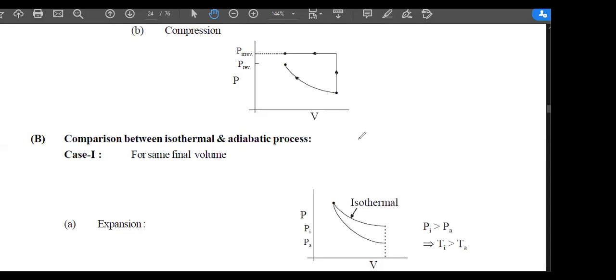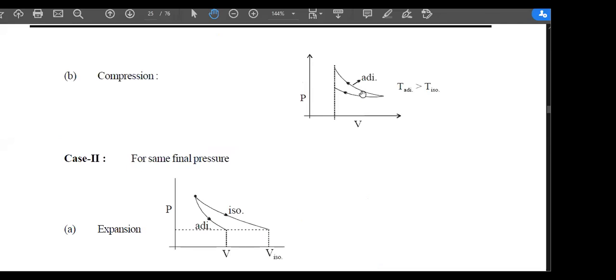But if you see this graph above that point, or in case of compression, the above graph will be of adiabatic and the lower graph will be of isothermal. Got it, everyone? So this is something that you have to understand and remember.